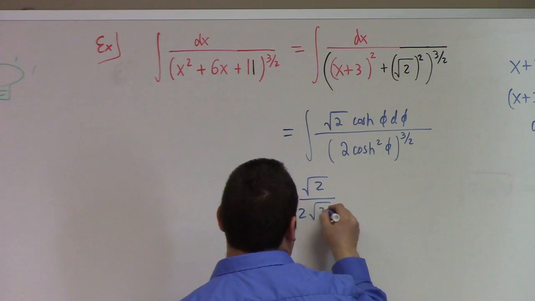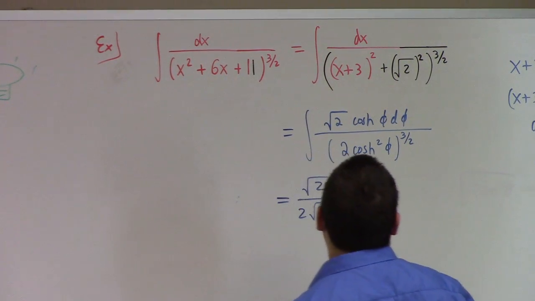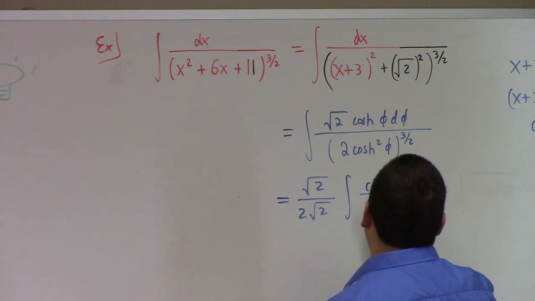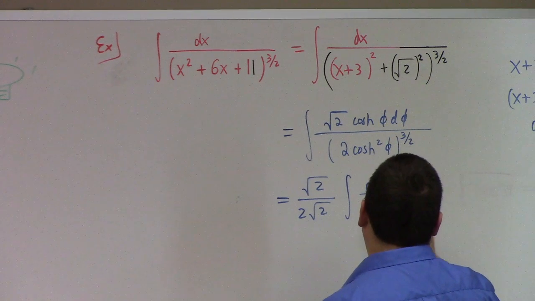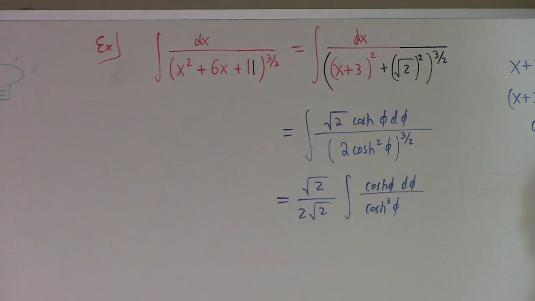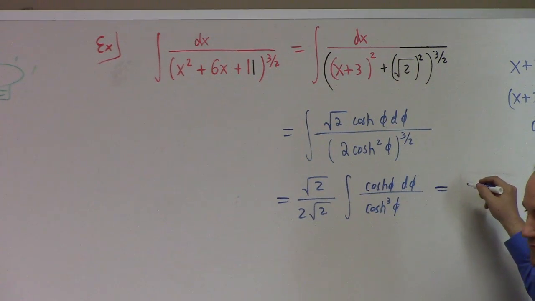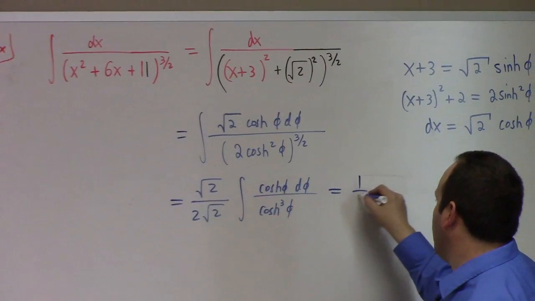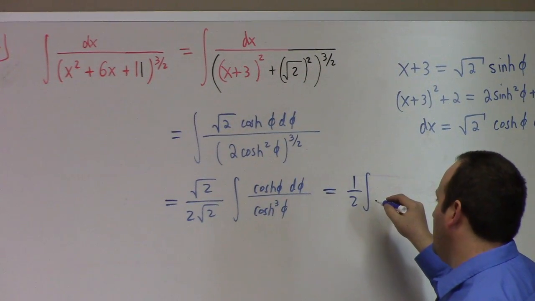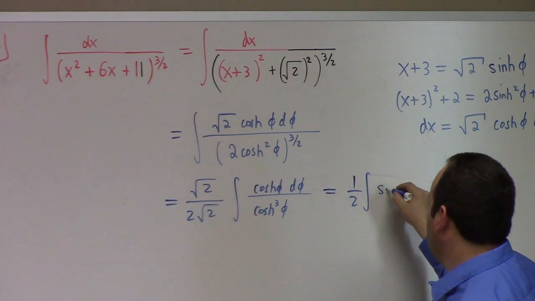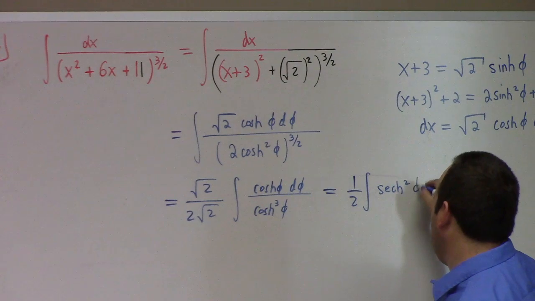It's 2 root 2, right? And then we got ourselves cos phi d phi divided by what? Divided by cos cubed. Of course, the root 2's cancel, right? I'm going to work this way since I'm running out of board that people can see. This is 1/2 integral of, this guy?